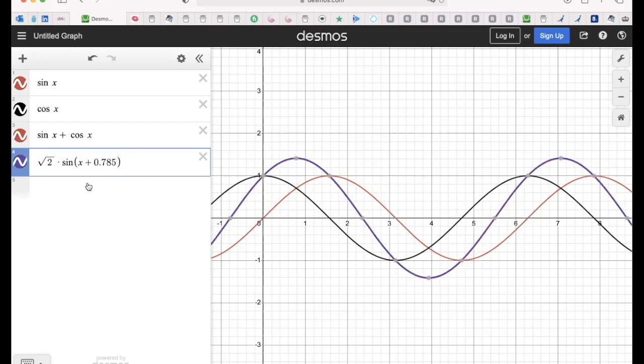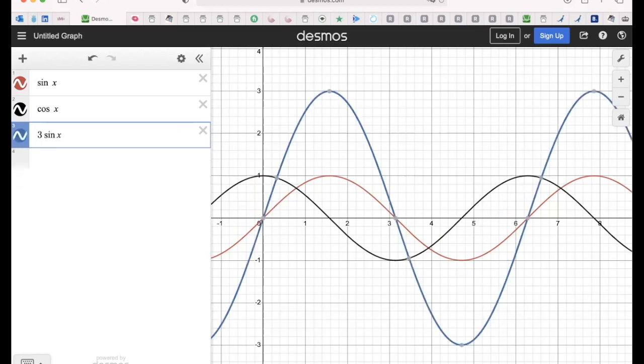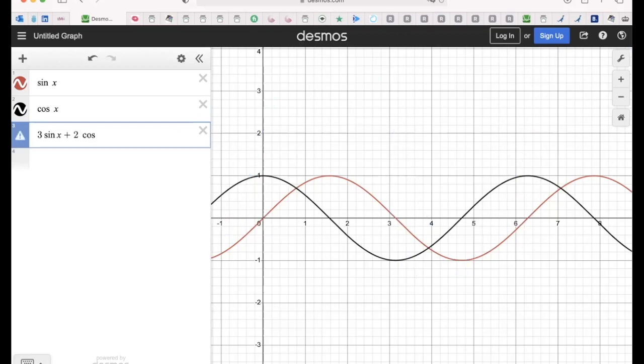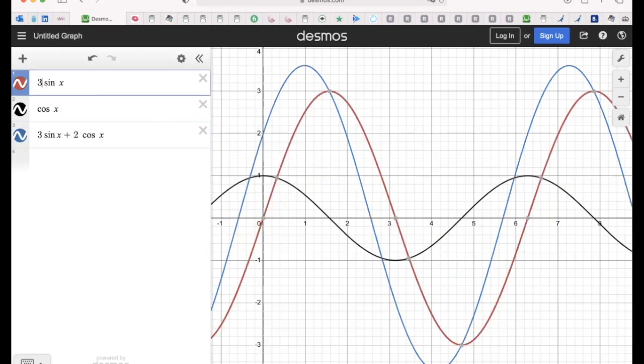So I'm going to show you how to do that. In particular, I'm going to show you how to do it for the question we just looked at, which was 3 sine x plus 2 cos x. So 3 sine x essentially is just sine x times by 3. Notice the red one has now got a height of 3, so it's 3 times bigger.